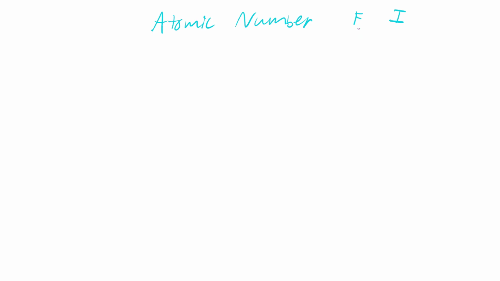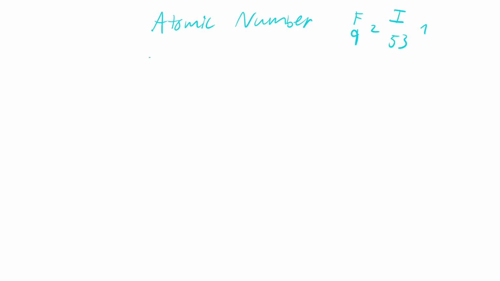The atomic number for fluorine is 9, and the atomic number for iodine is, I believe, 53. So iodine has a larger atomic number, which means I'm going to pick it first. So this is number 1, this is number 2. That's what I mean by atomic number.